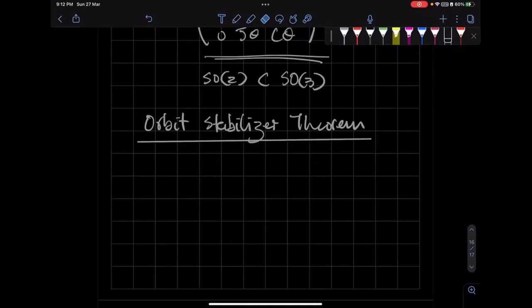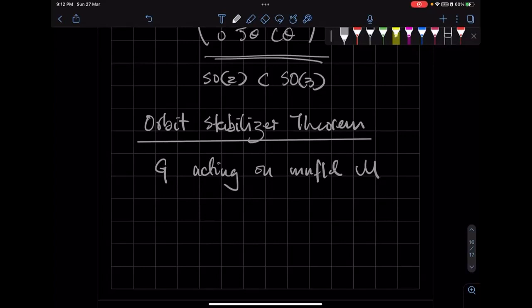The idea is something like this. Suppose you have some group G acting on some manifold M. It doesn't have to be a manifold. It's actually a much more general theorem. It also works for discrete groups and finite groups.